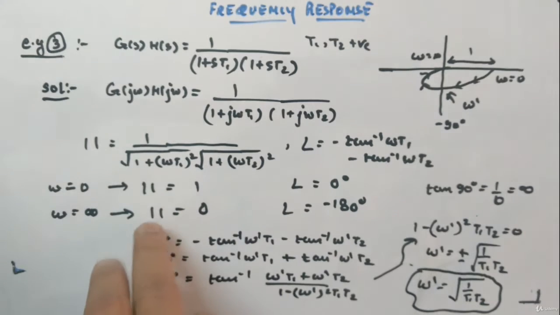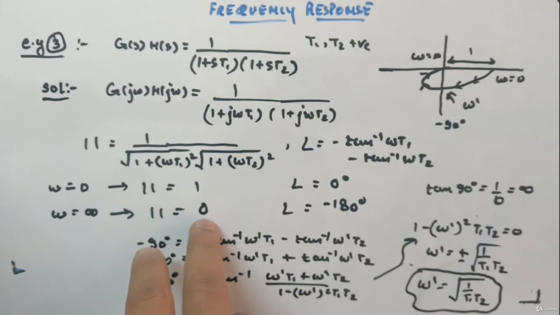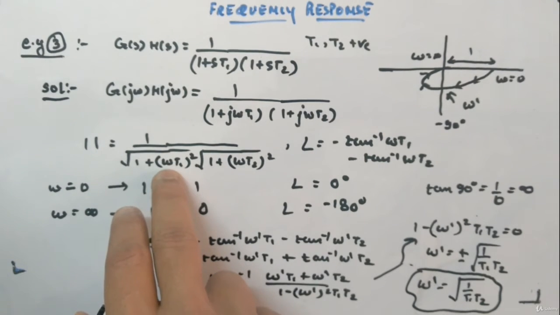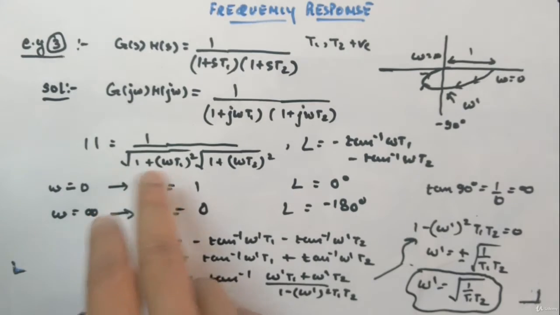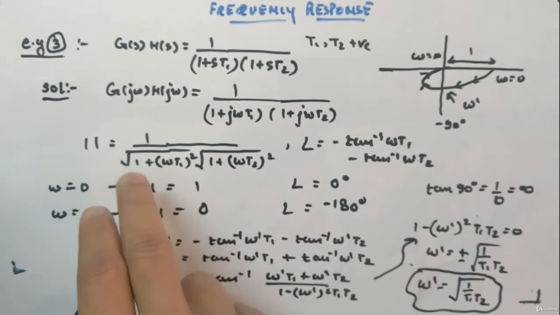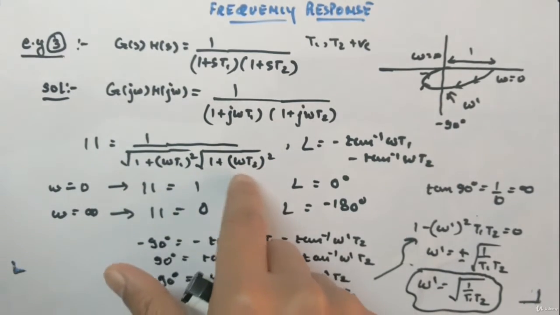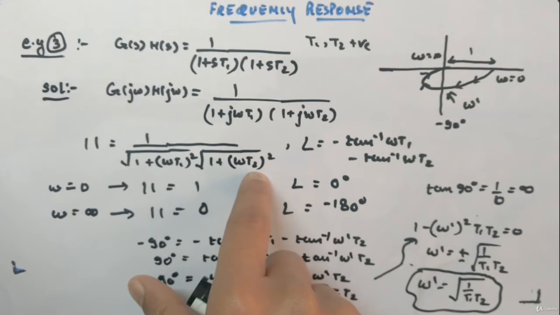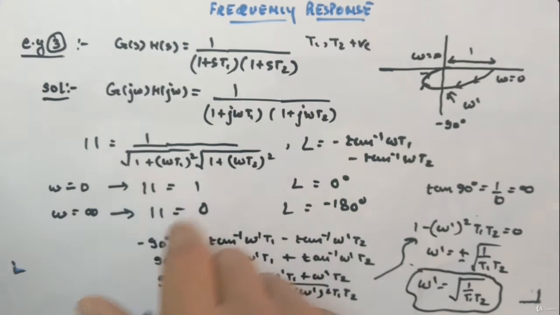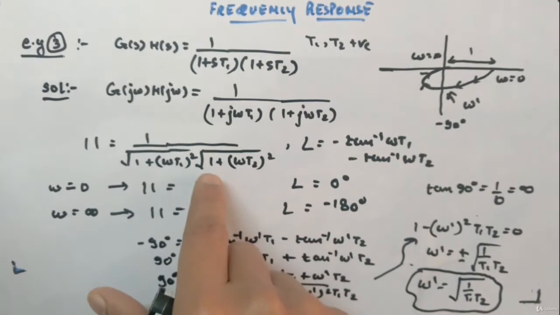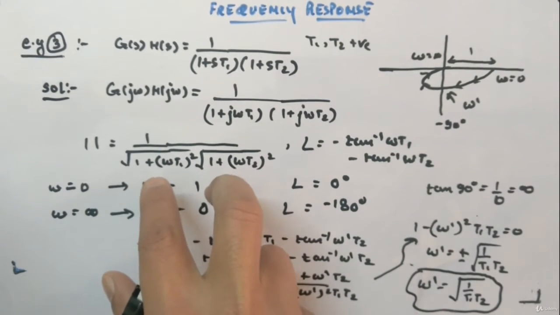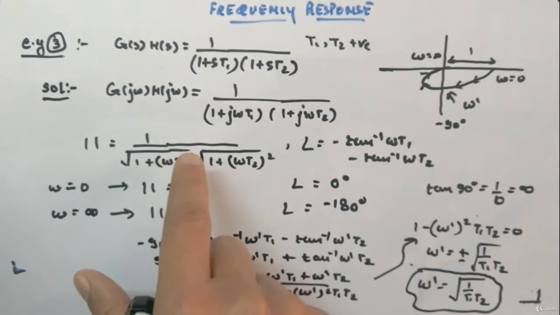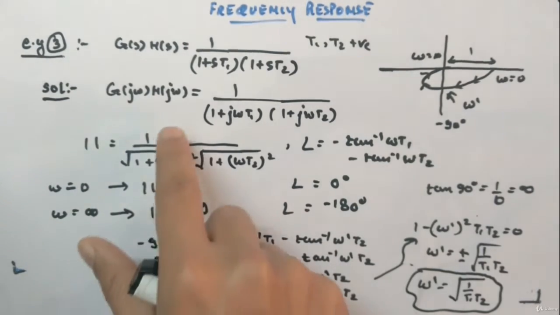At omega equal to infinity, you will see the magnitude is equal to 0. Infinity into T1 is infinity, infinity square is infinity, infinity plus 1 is infinity, under root of infinity is infinity. Similarly here also, infinity into T2 is infinity, and so on, so infinity into infinity is infinity. So this will come out to be 0, because it is 1 upon infinity.